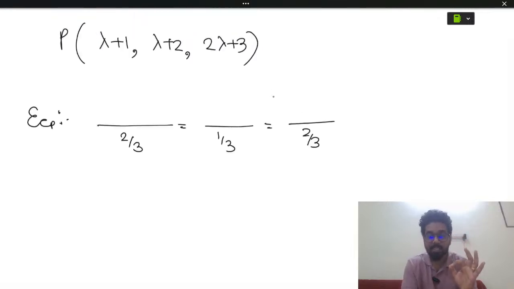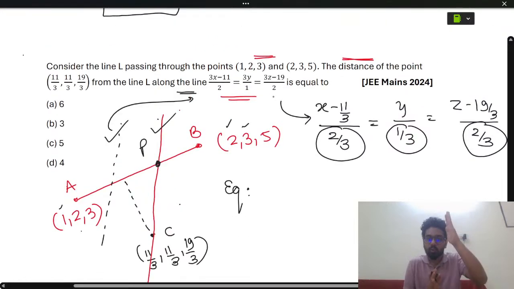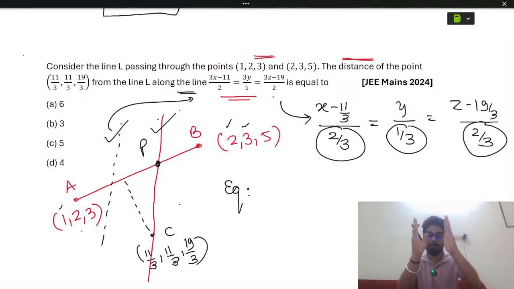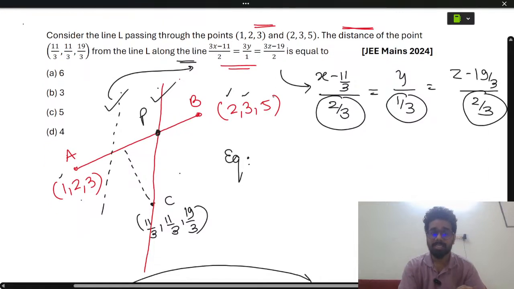Is this clear? When they say that we have to calculate a distance along a line, that means the lines are parallel, which means the direction ratios are exactly the same. That's what we have to interpret. So I hope it is clear what mistake people made in 2024, guys. All those who are watching, this is a very important session.